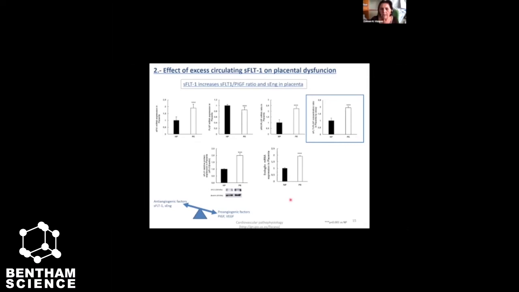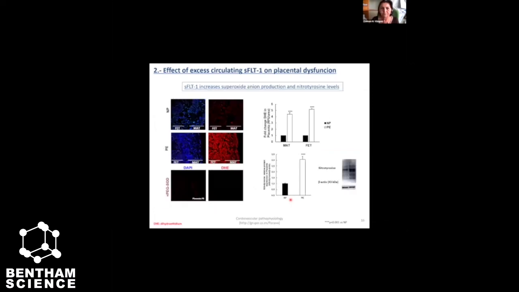So we can say that we produced early preeclampsia in this animal because we have observed an increase in blood pressure, an increase in urinary protein, and an increase in the sFLT1 to PlGF ratio and soluble endoglin.